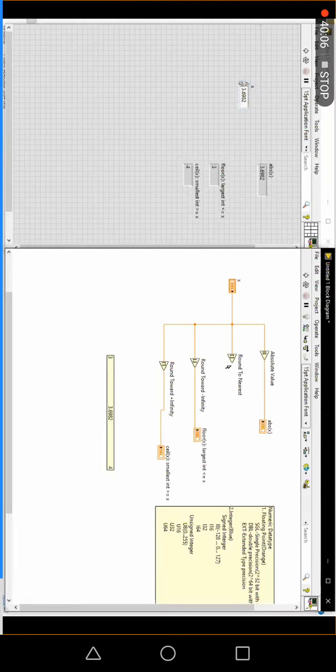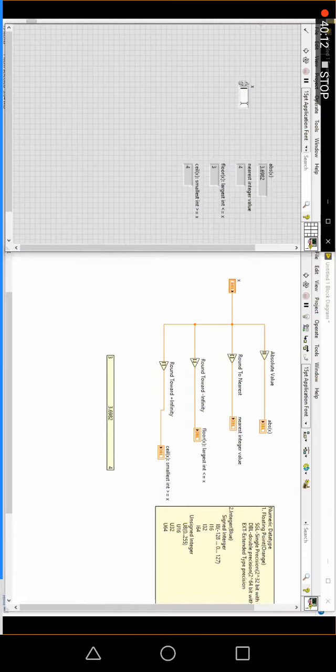Now let me connect a different input. The input will be minus 5.237. What is the answer for all the indicators?